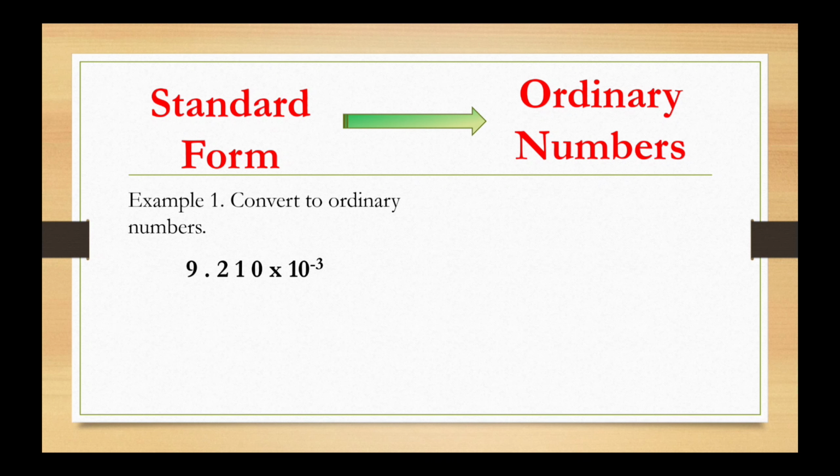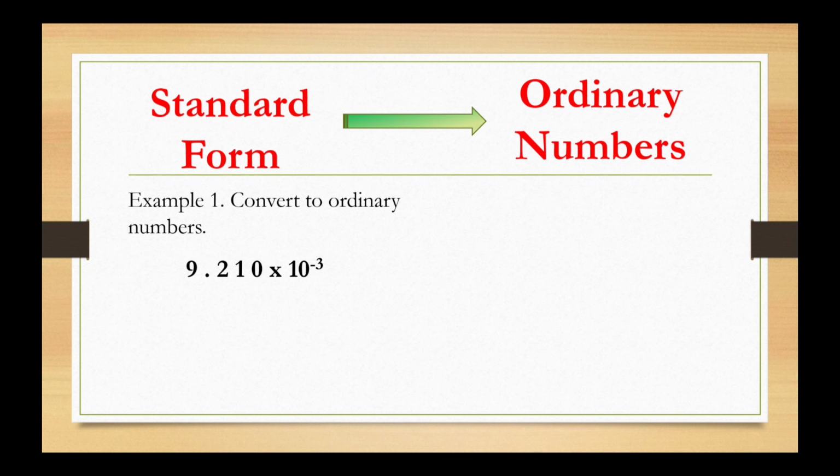So in this case, we have 9.210 times 10 to the power of negative 3. And to do this, we have to look at the power of 10. It's negative 3. Since we have a negative 3, like I said, it means we have to move to the left. The direction of movement actually respects the sign. So if it's negative, we move to the left.